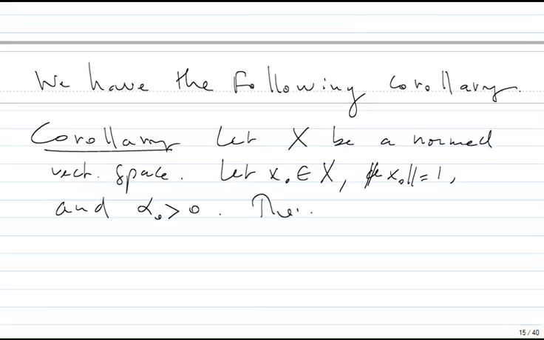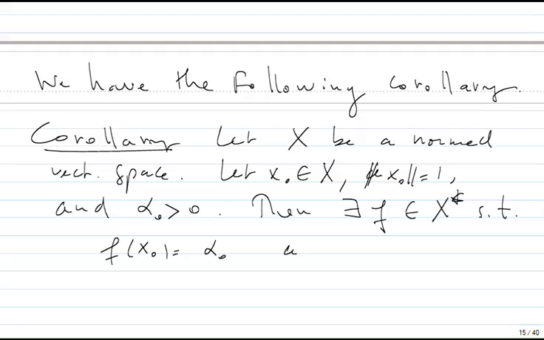Then there exists f in X star such that f of x0 equals alpha 0 and the norm of f equals alpha 0. So it's enough to prove this.